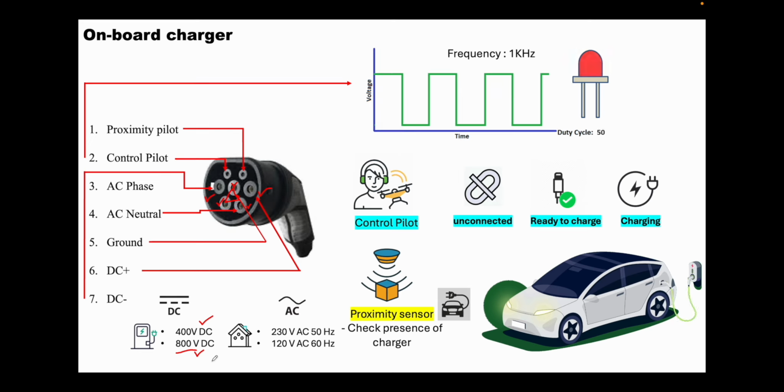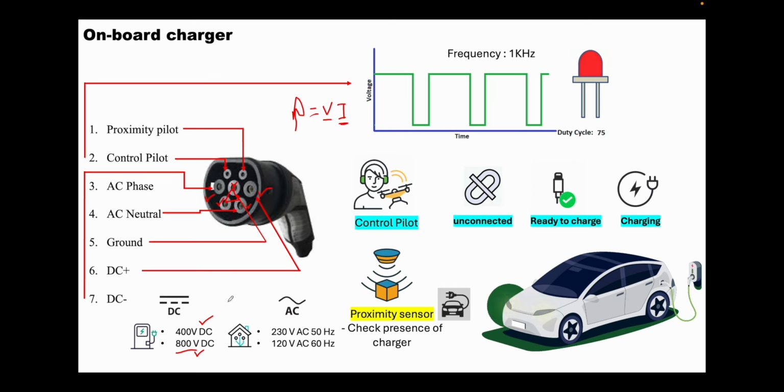When we charge the electric vehicle, we are basically transferring energy, and power is the multiplication of voltage and current, P equals V into I. So if we increase the voltage, then we reduce the current to provide the same power.